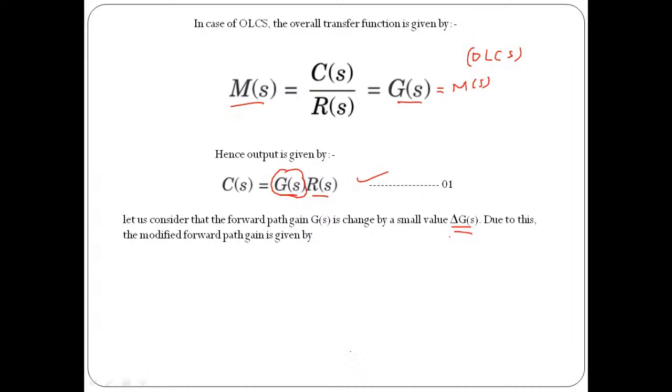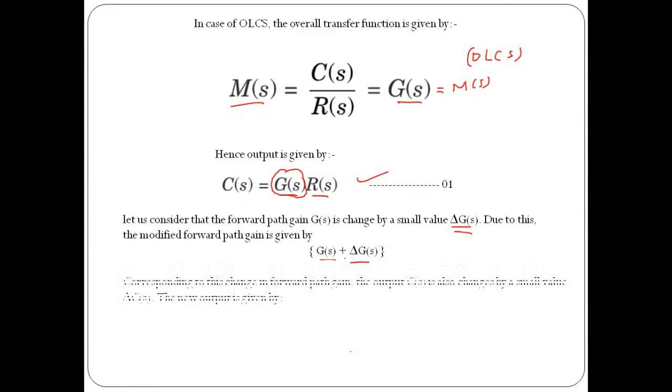And now we are going to calculate what will be the modified gain of the forward path. So the modified forward path gain will be G(s), which is the previous one, plus the corresponding change in the forward path gain, which is delta G(s). Now based on this, let us calculate the change in the output.